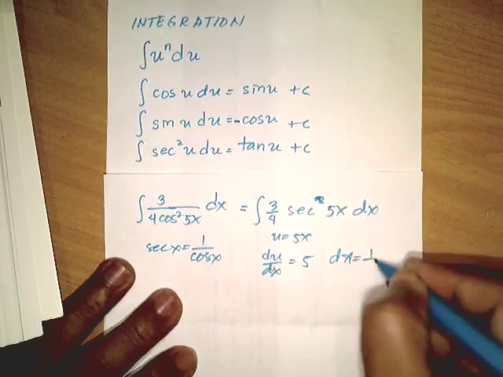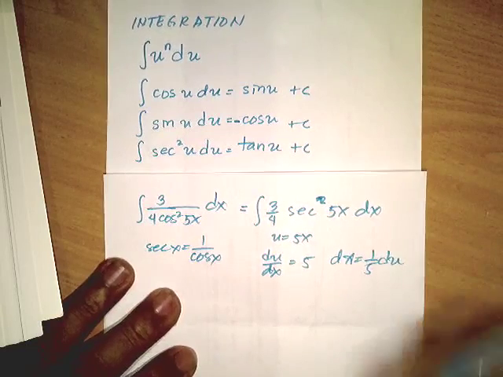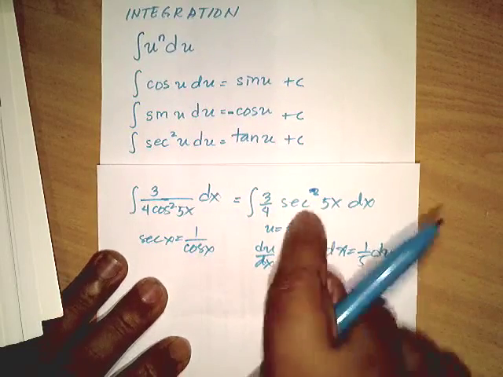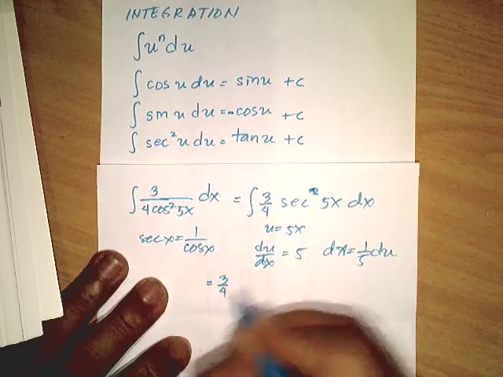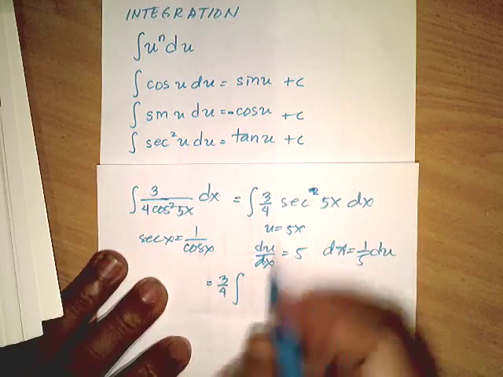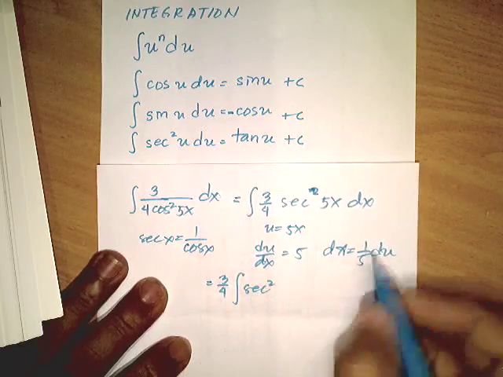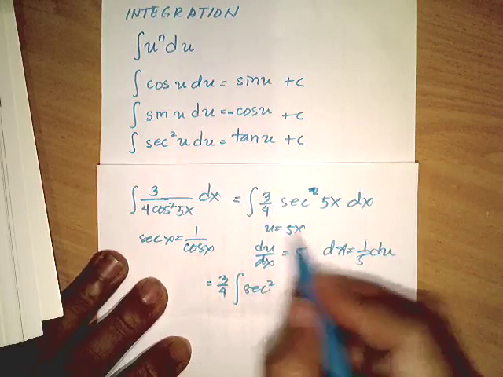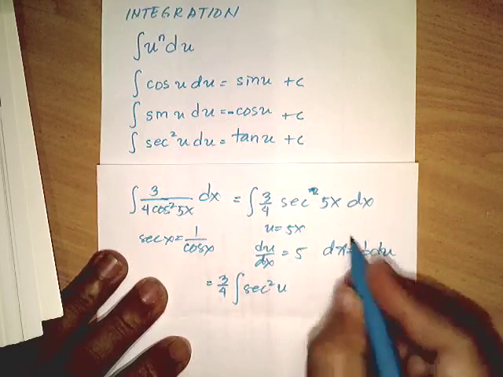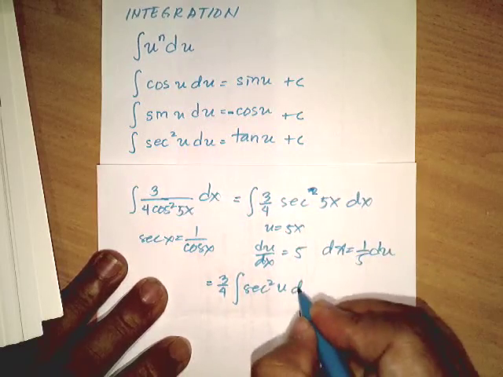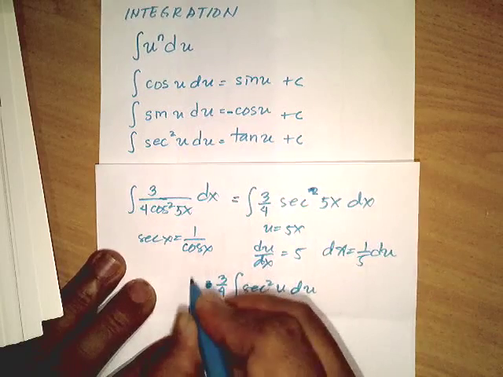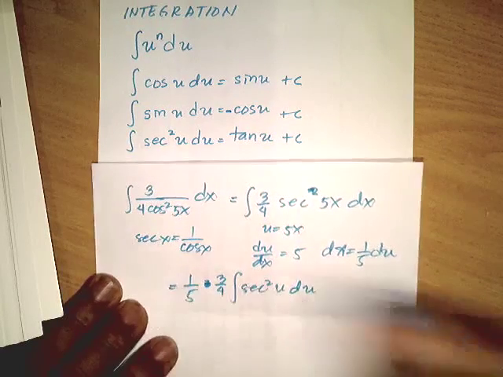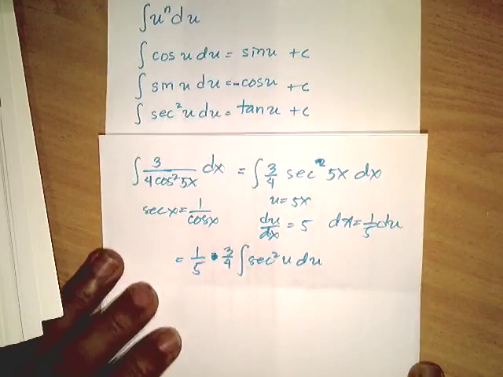So from our formula, our u is 5x, our du/dx is 5, and our dx is 1/5 du. So this question will be equal to, I'll put the 3/4 outside, secant squared 5x, that is your u, and your dx is 1/5 du. Then I'll multiply by 1/5.